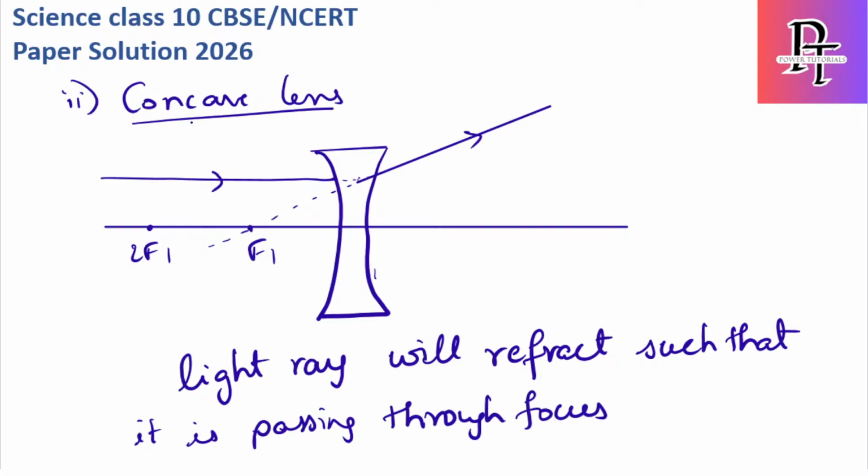So this point is important. You have to mention it is a concave lens, and then you have to say that the light ray will refract such that it is passing through the focus. And you can also say these are diverging lenses. Concave lenses are diverging lenses, whereas convex lenses are converging lenses.